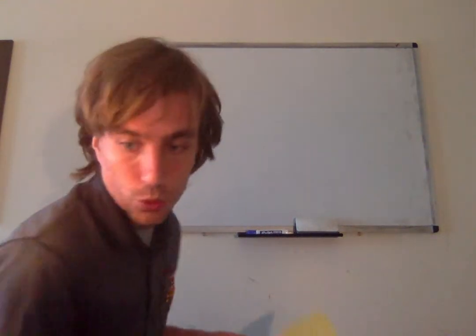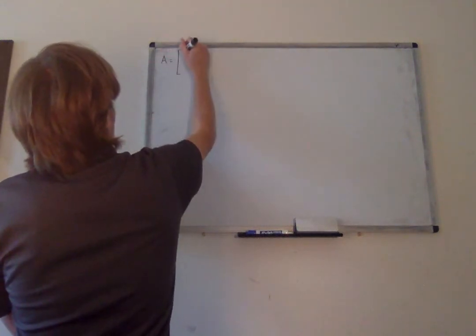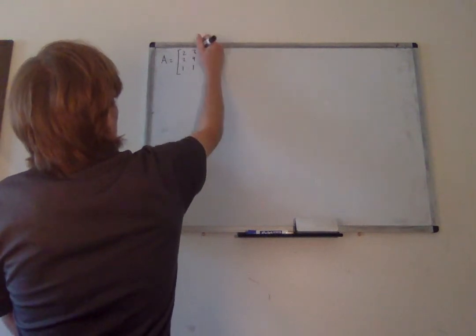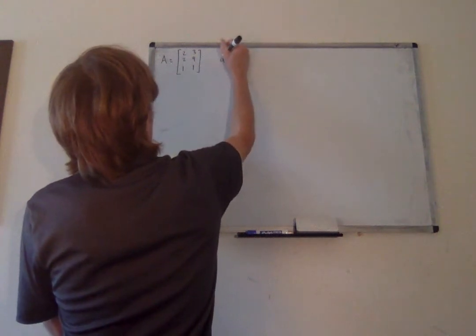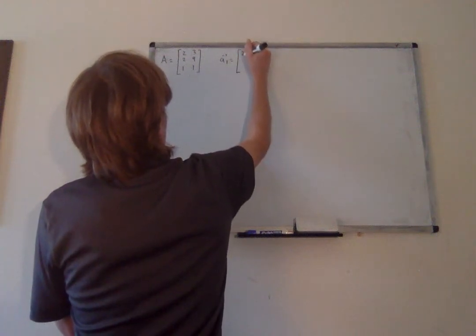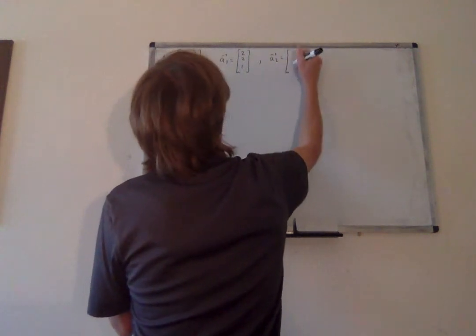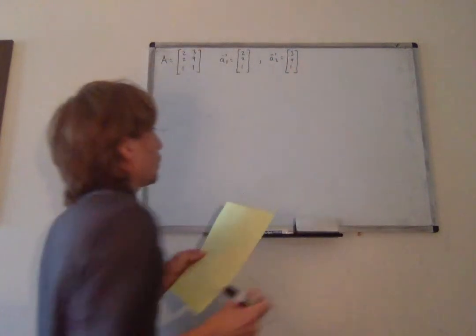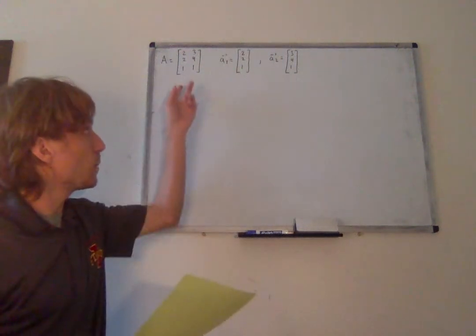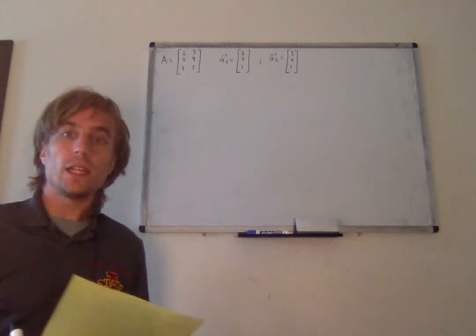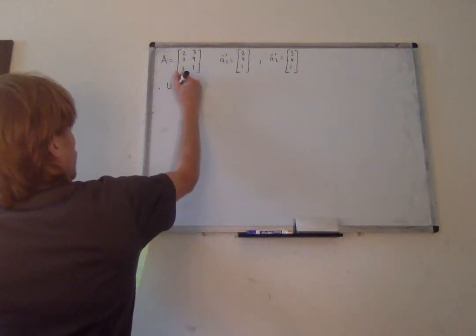So the matrix A was 2, 2, 1, 3, 4, 1. First step, we let A1 and A2 be the columns of A. Notice these two columns are linearly independent, and so A1 and A2 together form a basis for the column space of A. But to find a QR factorization for A, we need an orthogonal and then an orthonormal basis for the column space of A. So we use Gram-Schmidt.